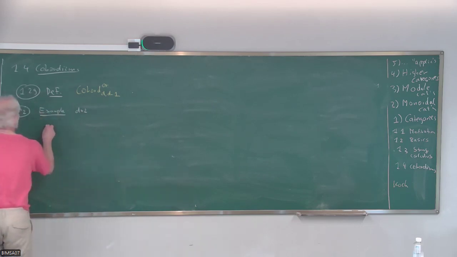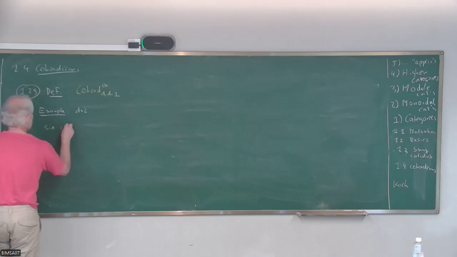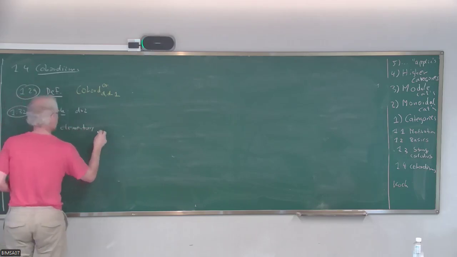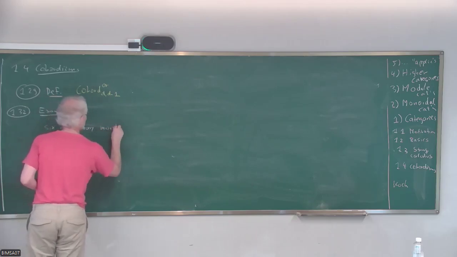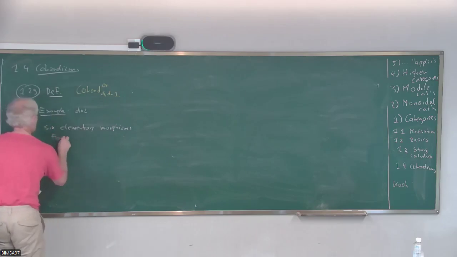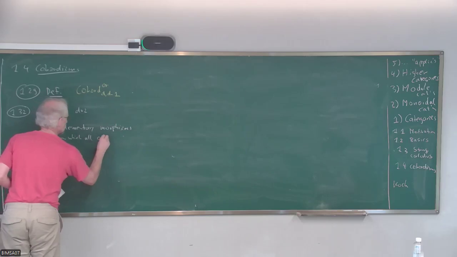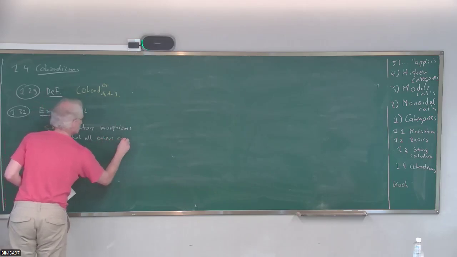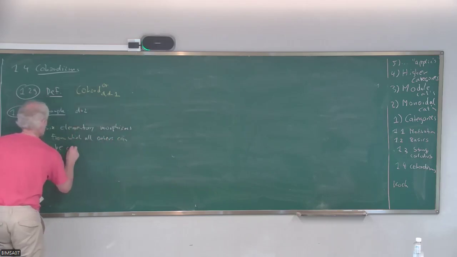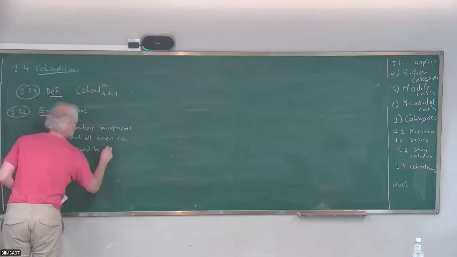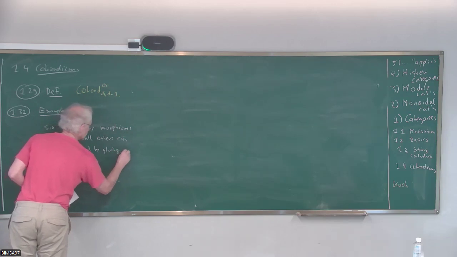And now the result is that there are six, even fewer, elementary morphisms from which all others can be obtained by a combination of gluing and disjoint union.